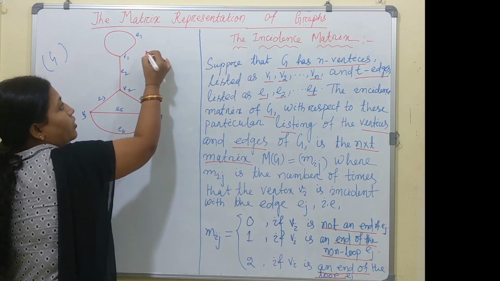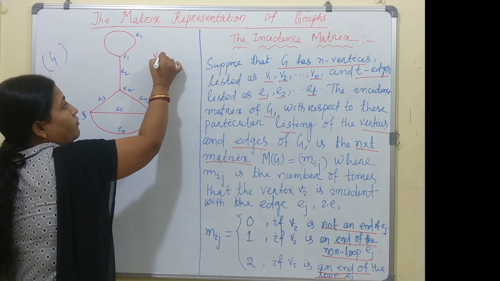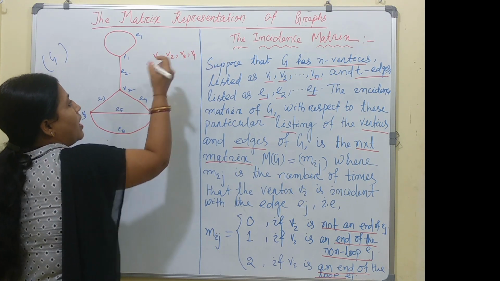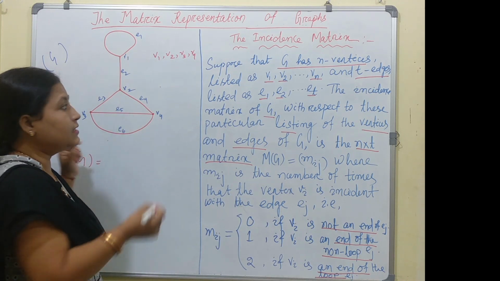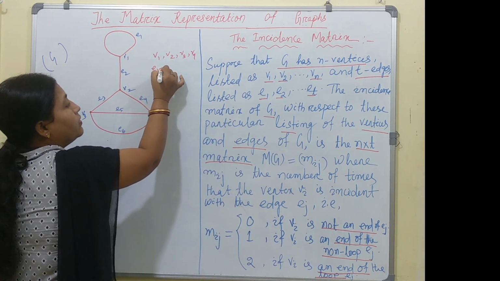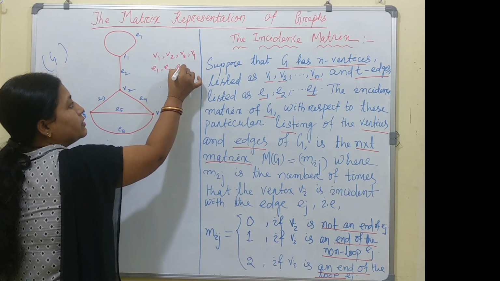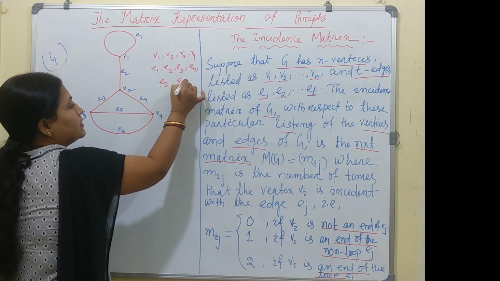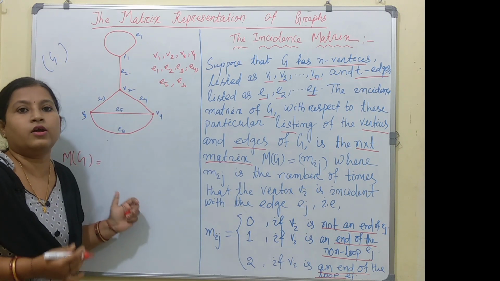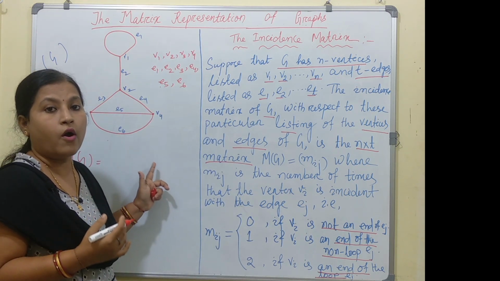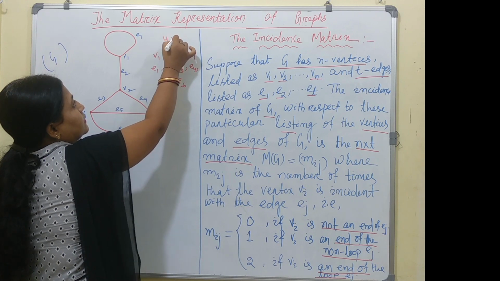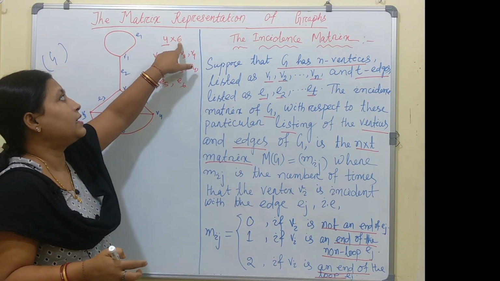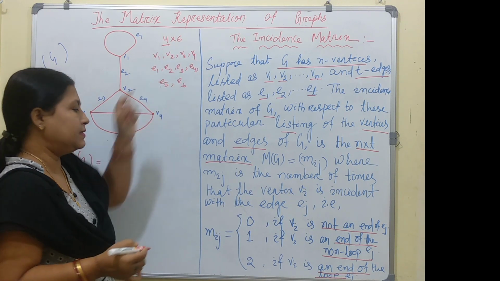There are 4 vertices, V1, V2, V3, V4, and 6 edges, E1, E2, E3, E4, E5, E6. So we get the incidence matrix of order 4 by 6, because the first is the number of vertices and the second is the number of edges.